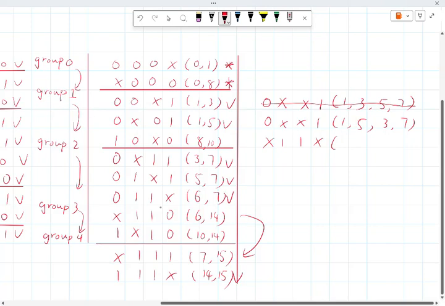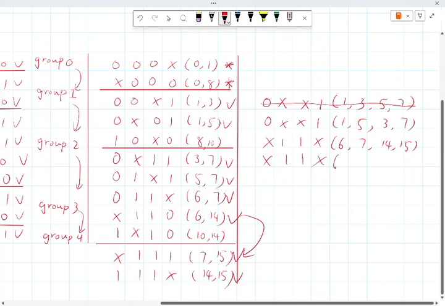So this one is 6 and 7, 14 and 15. All right, 6 and 7 done for this one. X, 1, 1, X. X, 1, 1, X. It's this one and this one, right?